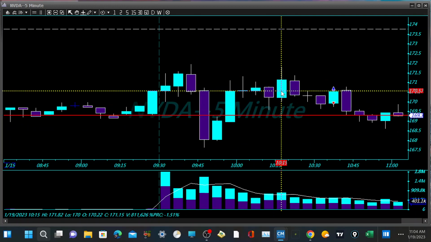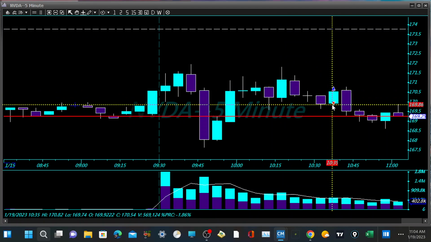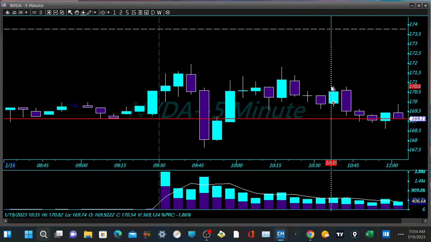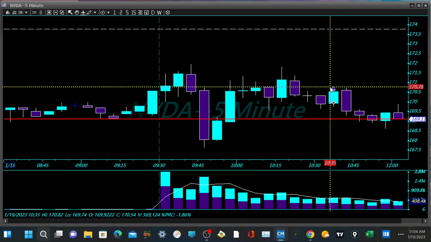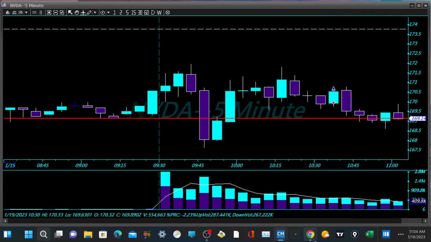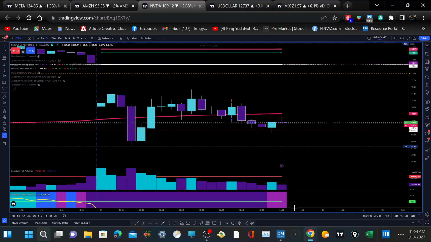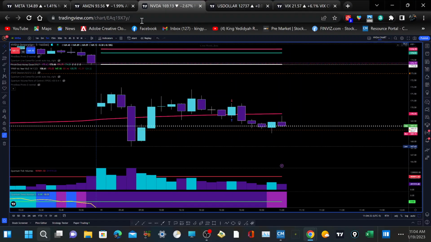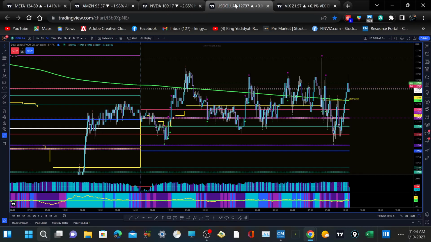Right, so around here we had the double top at 10:15. So went short here at 169.86, pulled back on me at 170.78. So all of these trades today just pulled back and hit my stops and break evens. It was rough, you know.